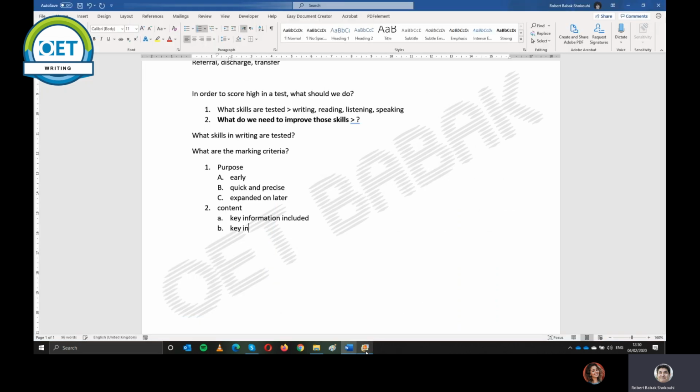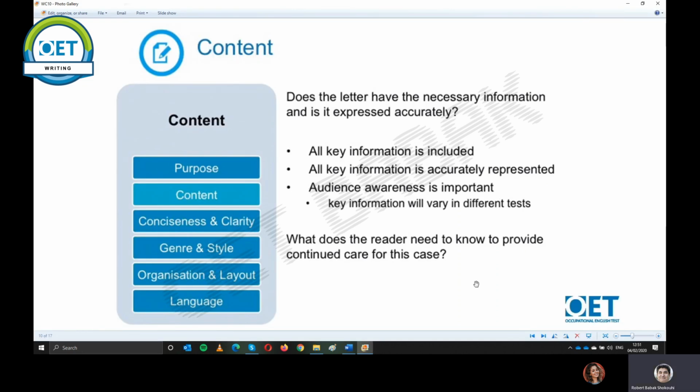Okay. So what is the key information? I think that anything related to the diagnosis or the main chief complaint of the patient.